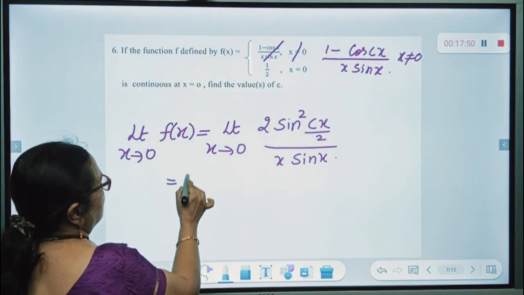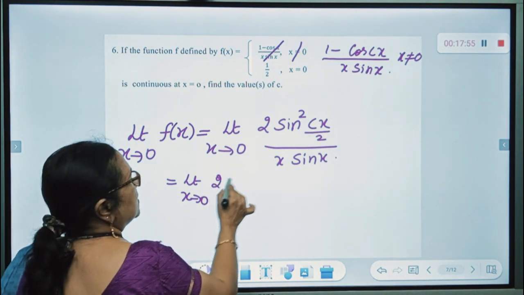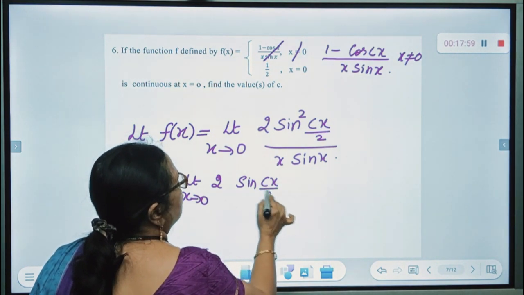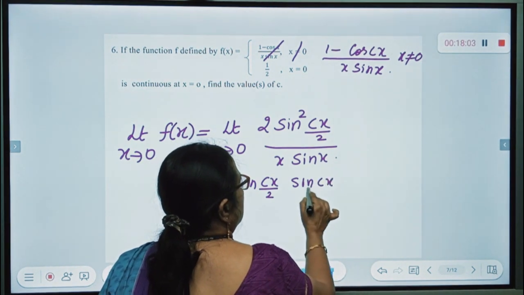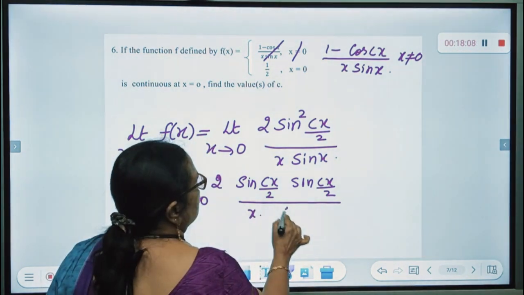Okay, this is limit x goes to 0, 2 times, I have sine of cx by 2 into sine of cx by 2 by x into sin x.